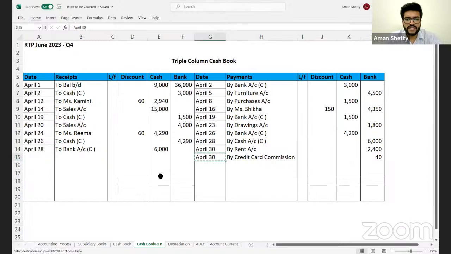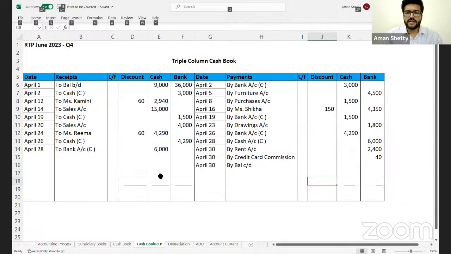Therefore, April 30th by balance carried down. In the discount column, what is the balance carried down? 150. It's total, not balance but total. 150 and 150. 120.